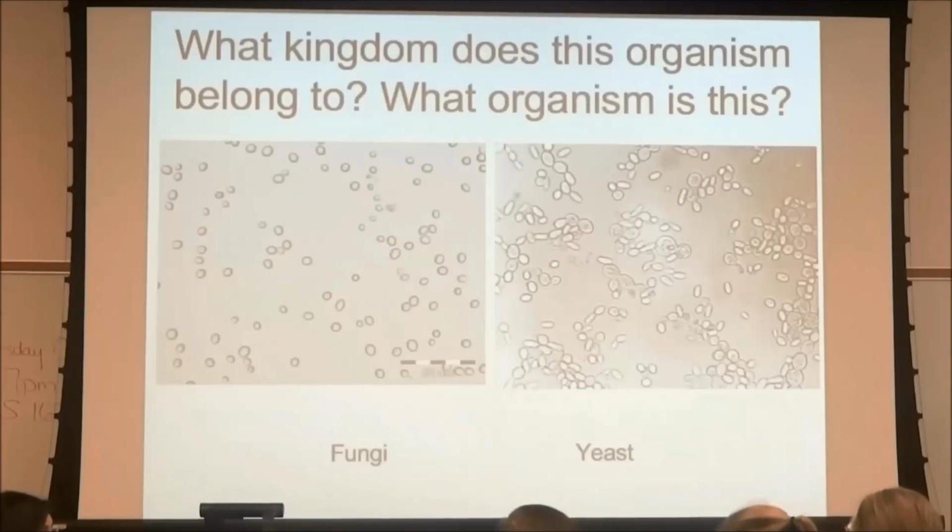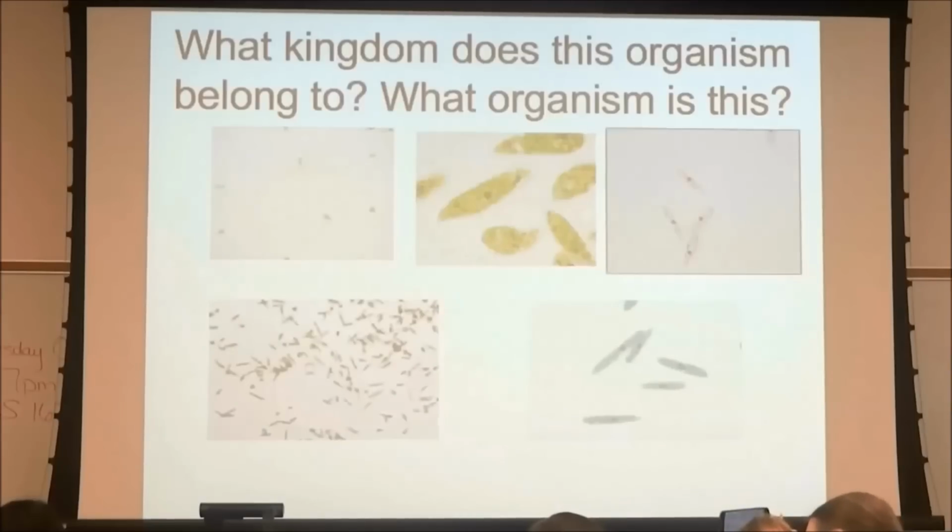You guys okay if I switch? Alright, what is this? Can you guys tell me the kingdom first? Protist! Very good. It's a protist. Do you guys know which one? Euglena. Very good. How did we know it was Euglena? The shape.